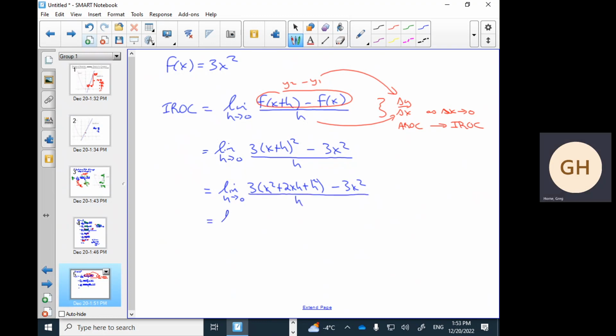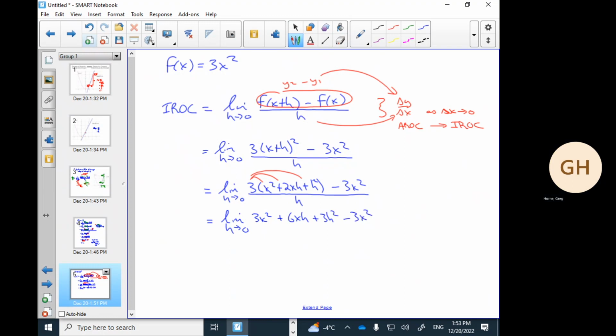And so that's going to give us, as h goes to 0, we're going to have a 3x squared. We're going to have a 6xh, right? We're going to just multiply on each part, and a 3h squared, take away the 3x squared.